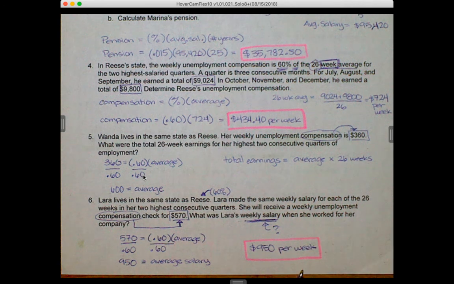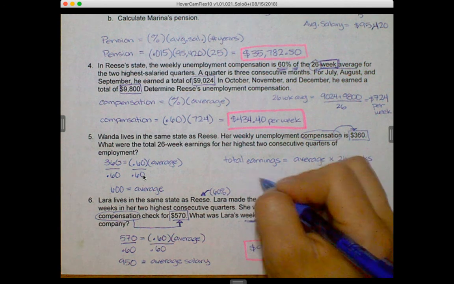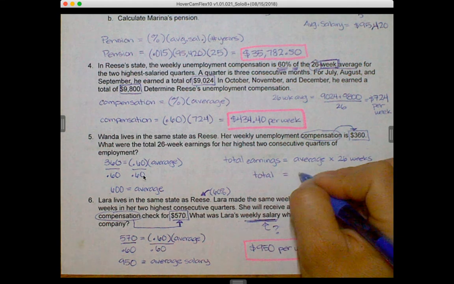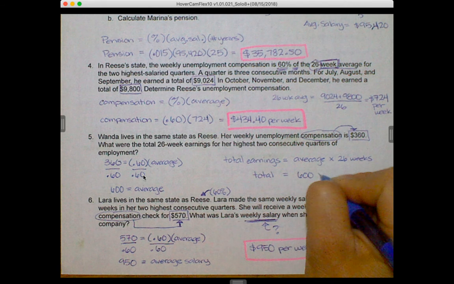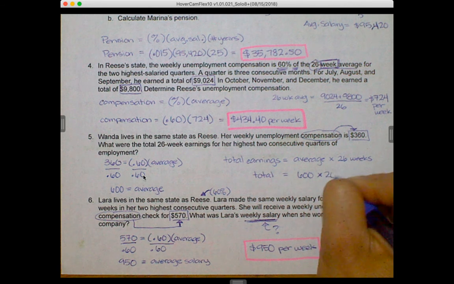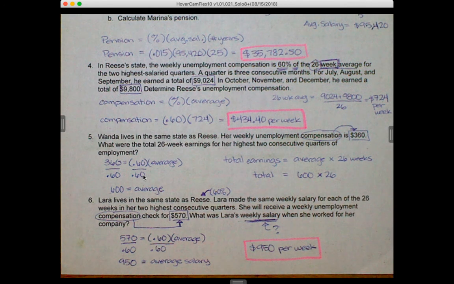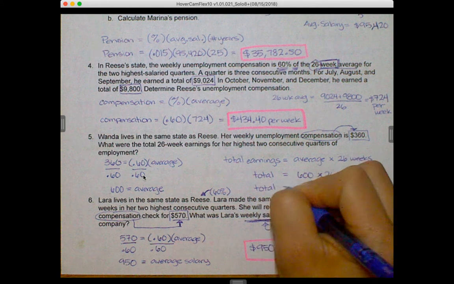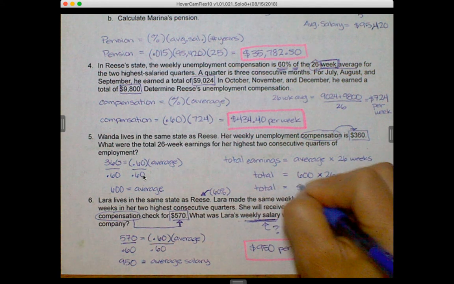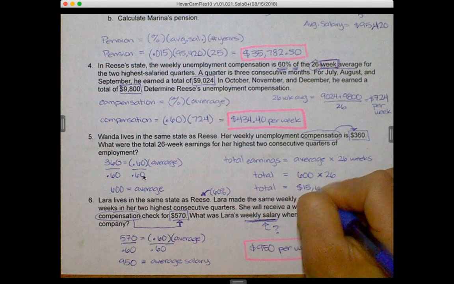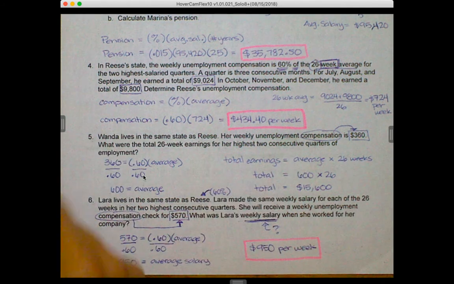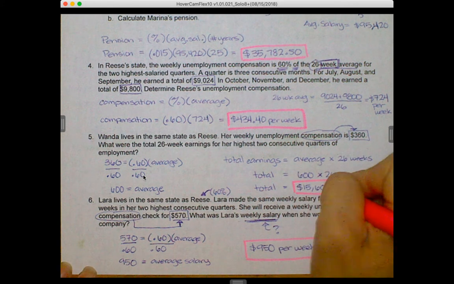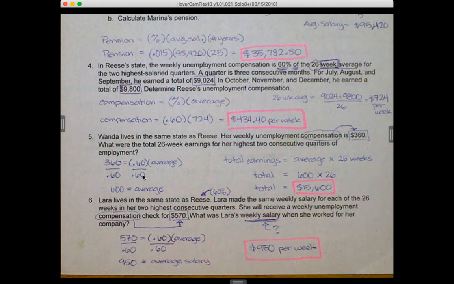So let's go ahead and find our total. Our total is going to be 600 times the 26 weeks, which is $15,600. That is how much she made in those 26 weeks.